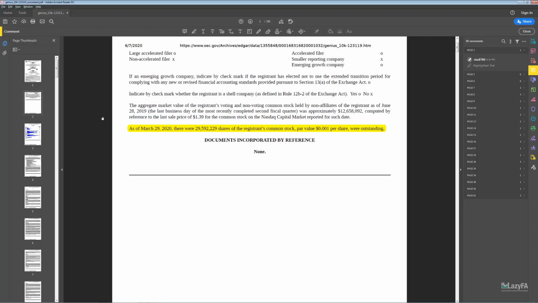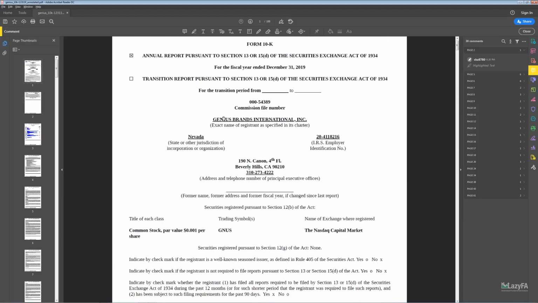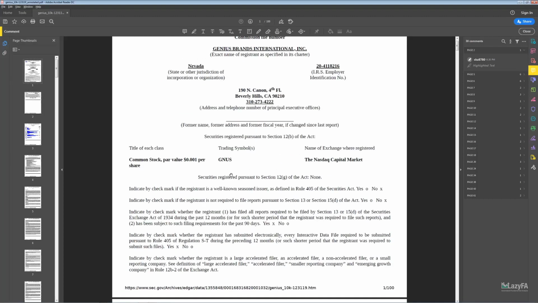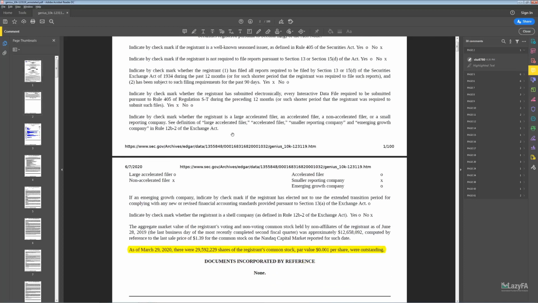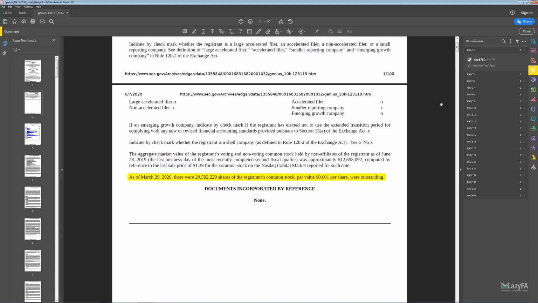It gives you an idea of how they're valued right now. Also on the front page, there will be the company's address and phone number and the size of the company, whether they're an accelerated or large accelerated filer. In this case, they are neither because it's a small company. But I always check how many shares are outstanding.